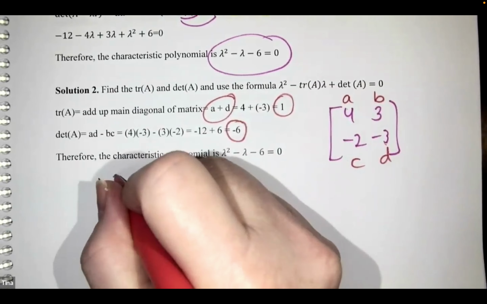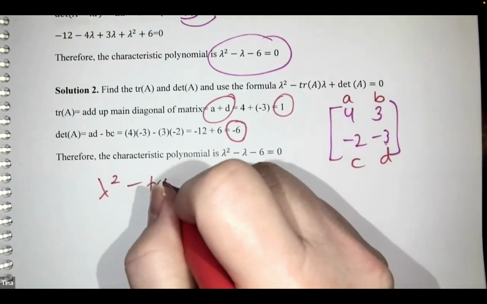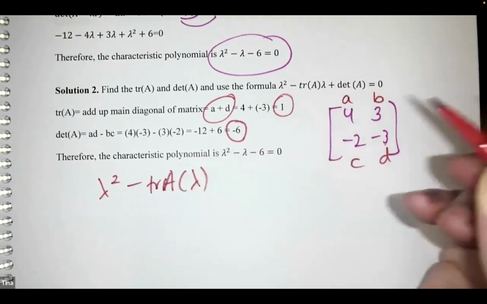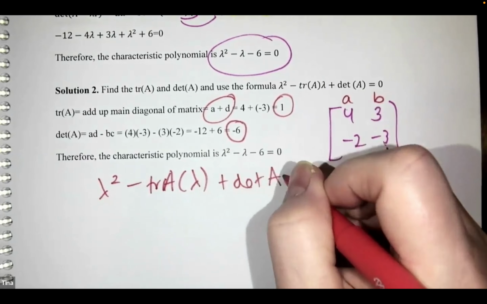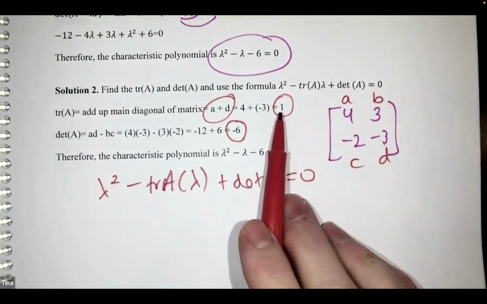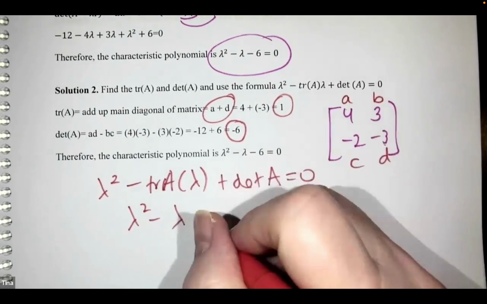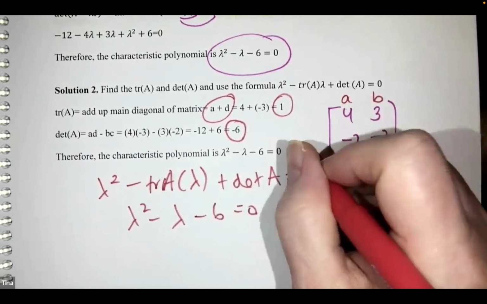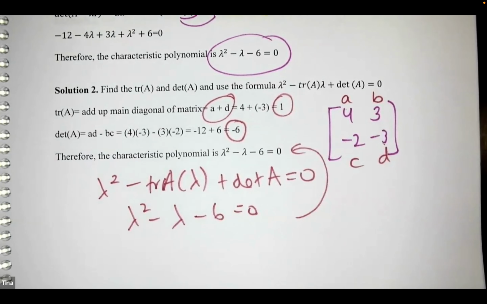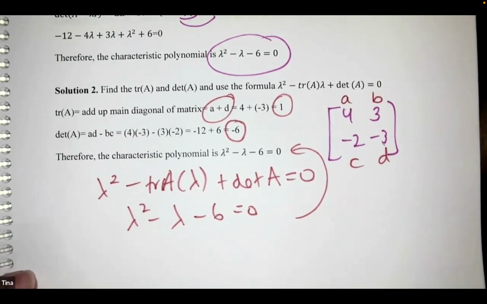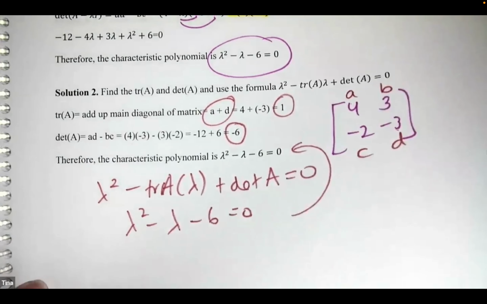And so your formula is just lambda squared minus the trace times lambda plus the determinant. So lambda squared minus 1 lambda, and then plus the determinant, so plus negative 6. So it's the same thing, it's just less algebra, that's all. Some people prefer it just to save on the algebra they have to write. So if you're one who doesn't like algebra, you might prefer that for your multiple choice.